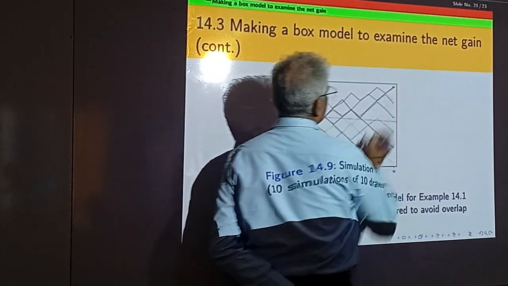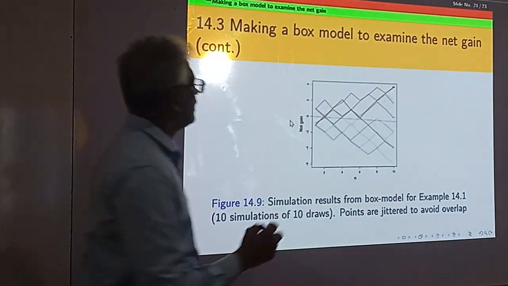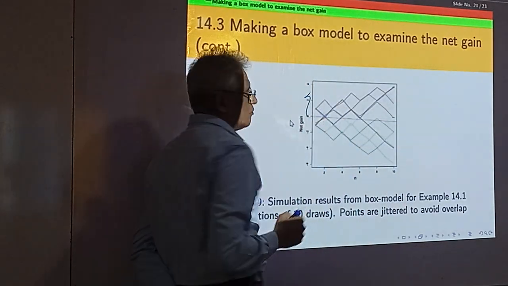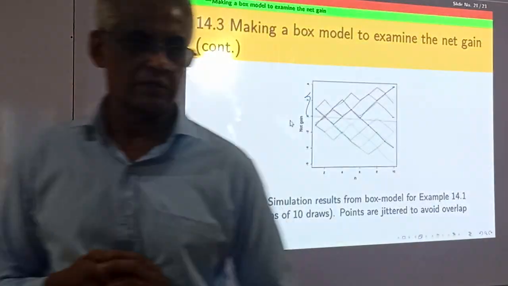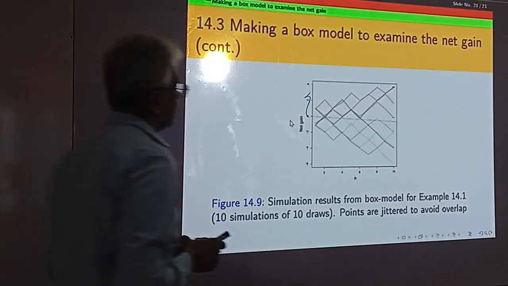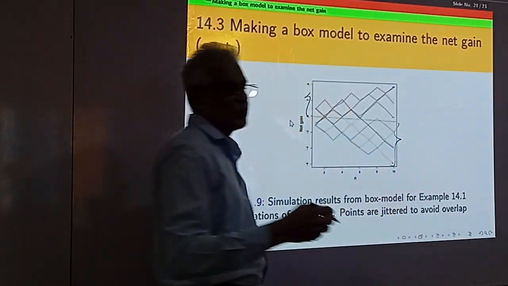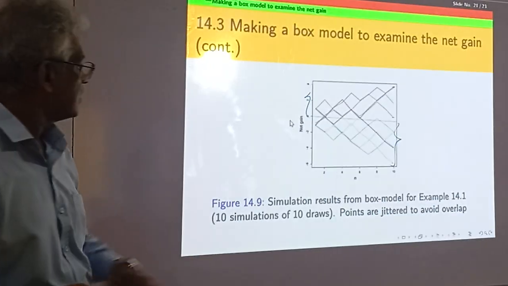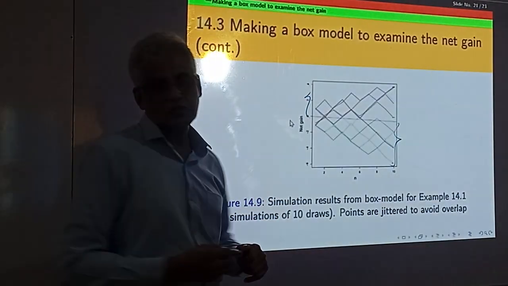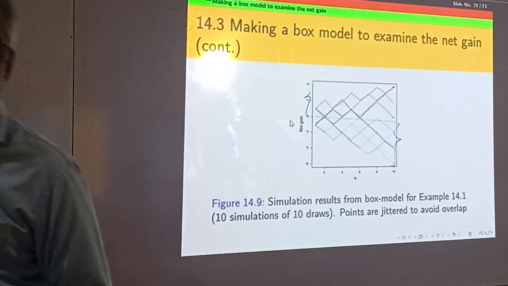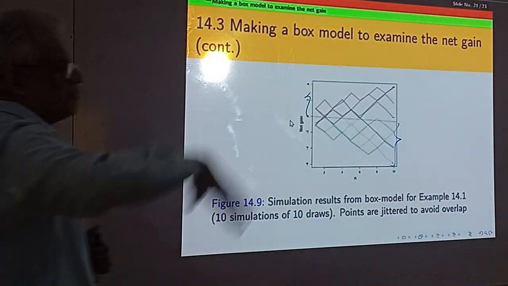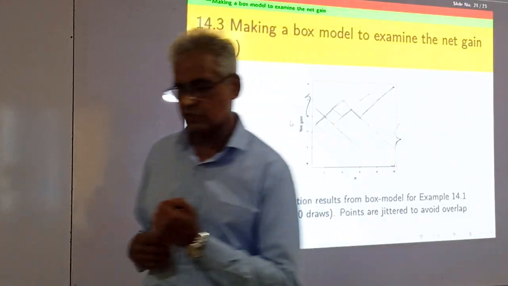For example, you might end up here. If you end up here, then you have a total gain of $4. That is also a possibility. Or you may end up somewhere here. In that case, you may have lost a certain amount, for example $6. So that is another possibility. So there are different possibilities there.